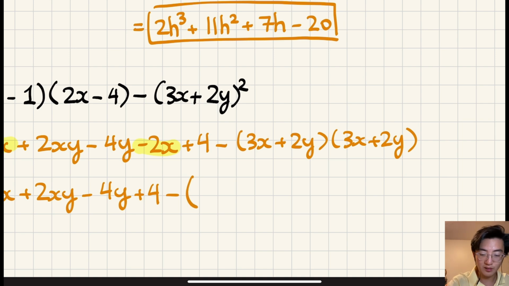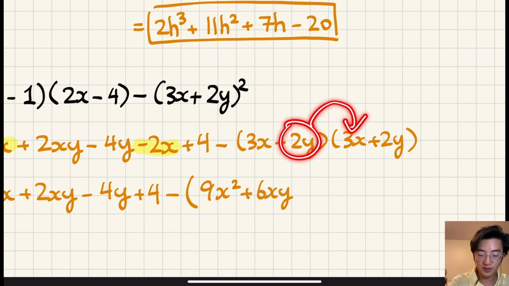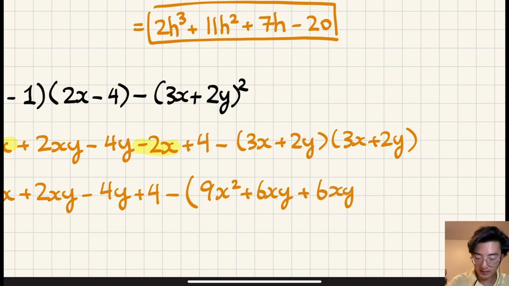Okay? So first term times first term, 3x times 3x, 9x squared. First term times the next term, 3x times 2y is 6xy. Second term times first term, we got 6xy again. And then last term times last term right here is 4y squared.